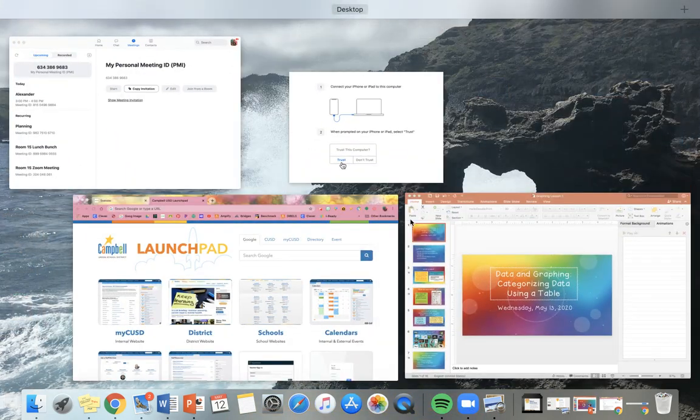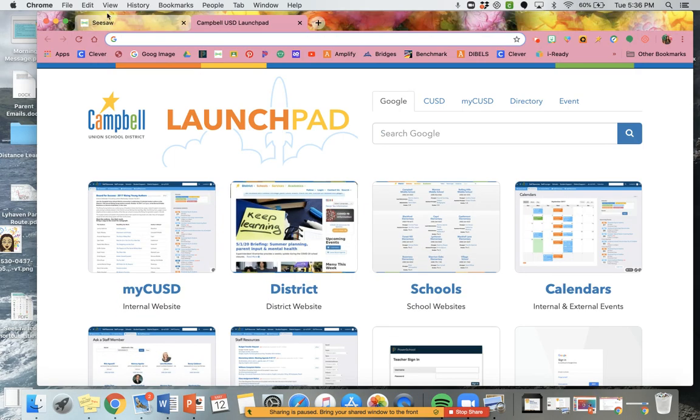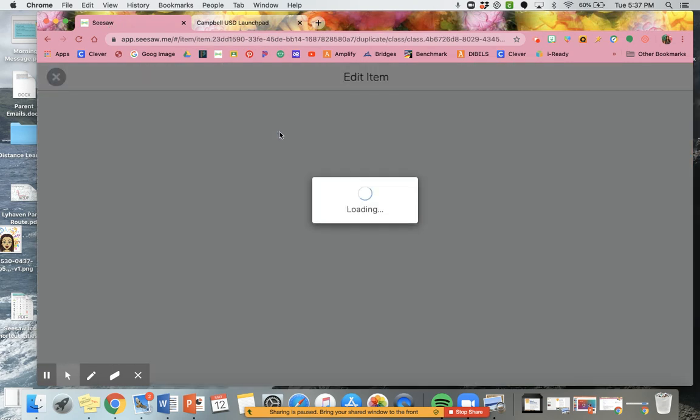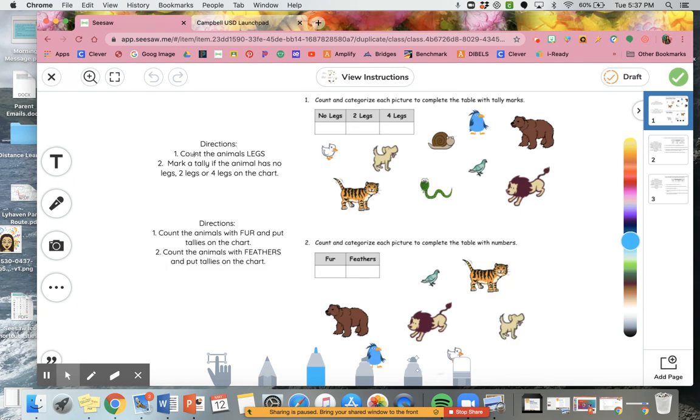Okay, so let's take a look at what you're going to be doing today. So you're going to be doing sort and record data into categories. So you need to count the pictures just like I did and then write the tally marks. So you need to take a look at the chart and look at the classifications. You can use the pencil tool to help you.